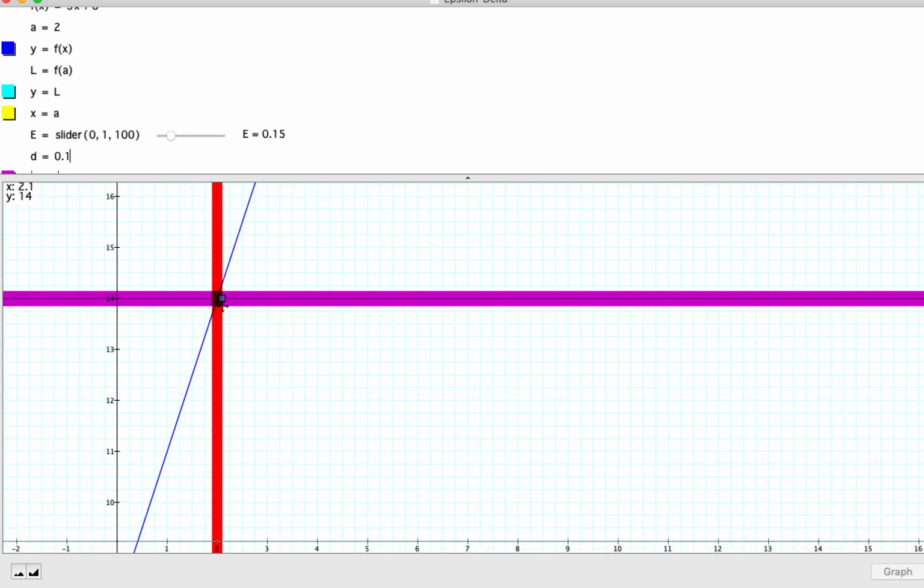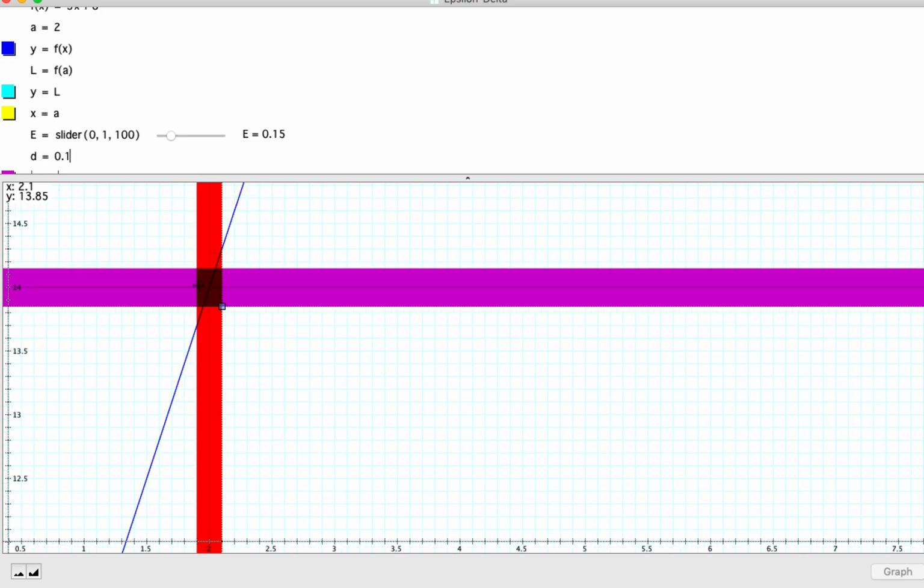If I have a small enough epsilon, this isn't good enough, right? Some of the values around 2 are coming out outside of that target band. I want to get a width down here that's small enough to guarantee that everything fits within that target band. So I'd have to have a smaller delta here, a narrower band.